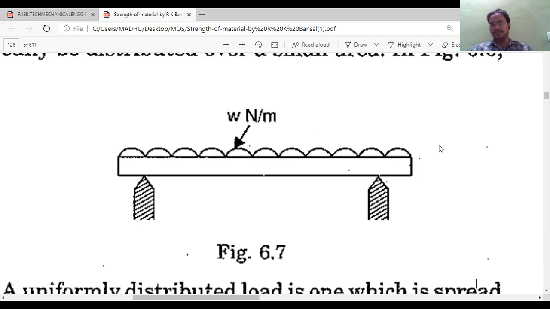How will we concentrate it to a point? W into the length of the beam over which the complete UDL is acting. UDL can act till here also. At that time, you should take half of the length. If it is till the middle, then it is half of the length we should take.